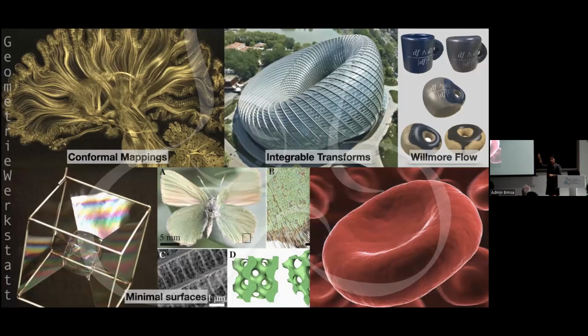Then there's application in computer graphics. So basically, this is a conformal Willmore flow. That's what it does from a cup to a donut. So the topology is correct. And you can see why it's conformal Willmore flow, because the formula there is not stretched too much. You can still read it everywhere.